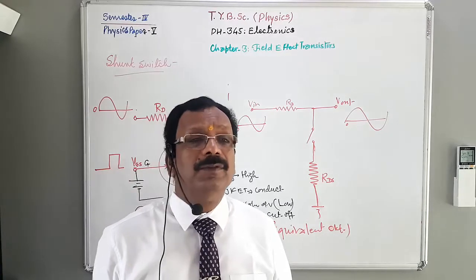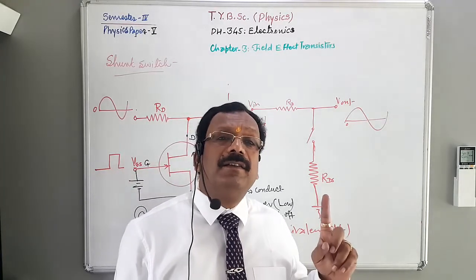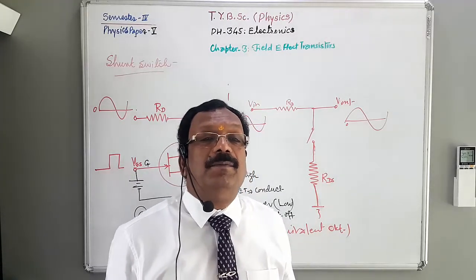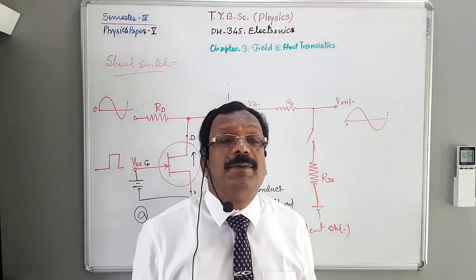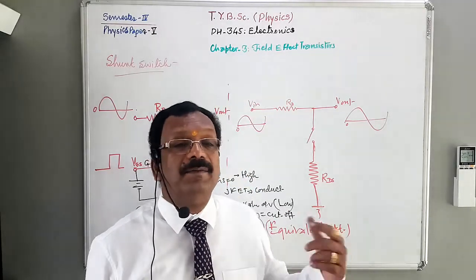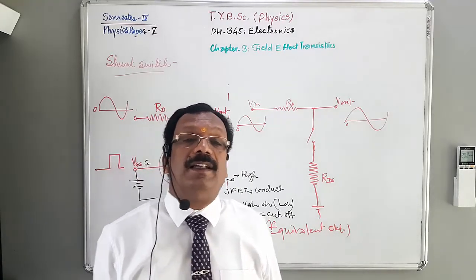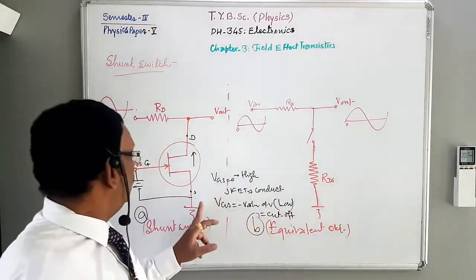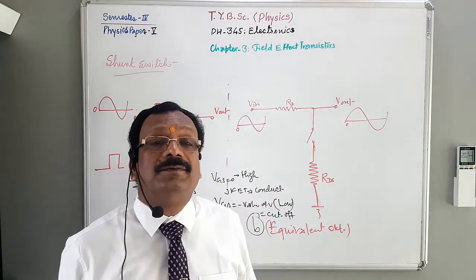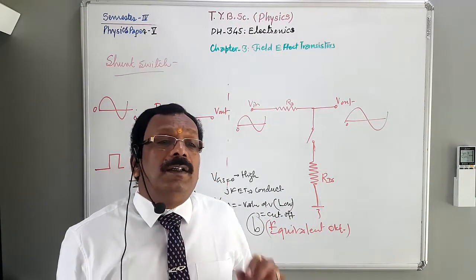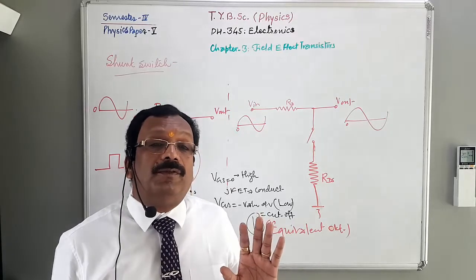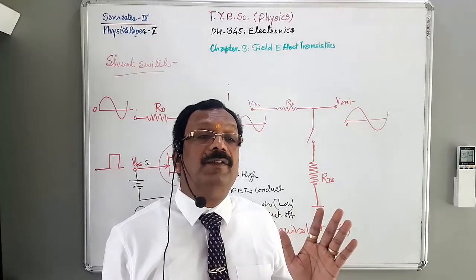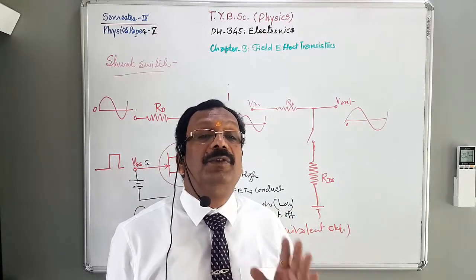Also, the resistance RD must be very large as compared to the drain to source resistance RDS, to ensure hard saturation. When it has a very large value, it ensures hard saturation.